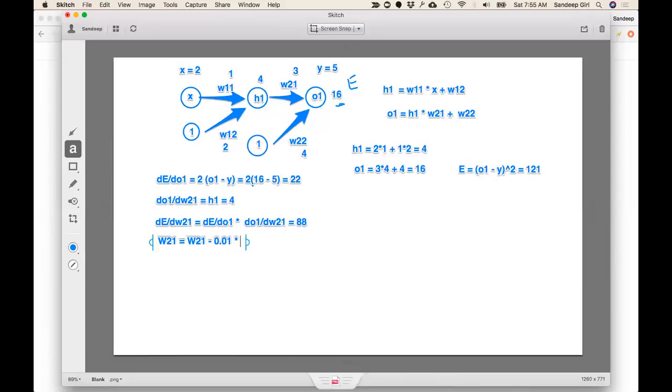Although eta, or the learning rate, this constant that we're putting here, is a hyperparameter, and we generally iterate over these learning rates.